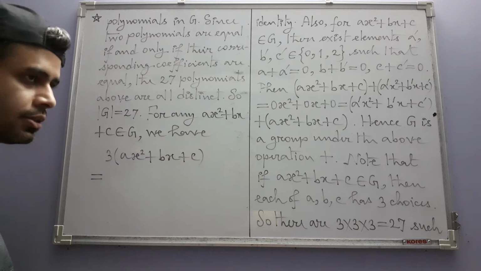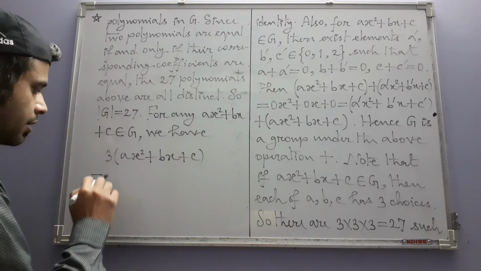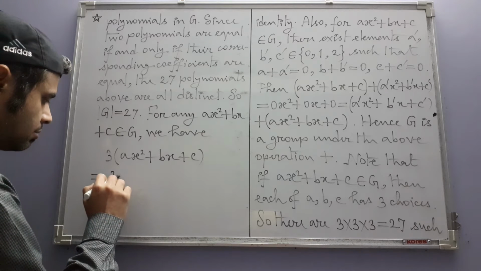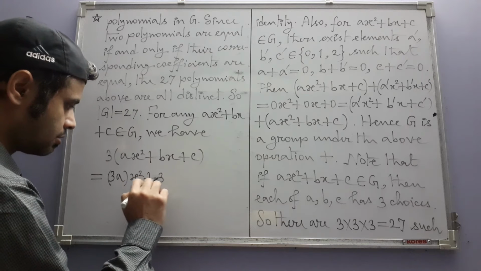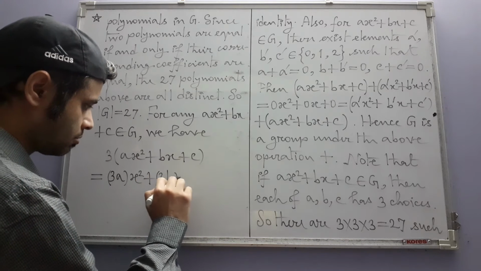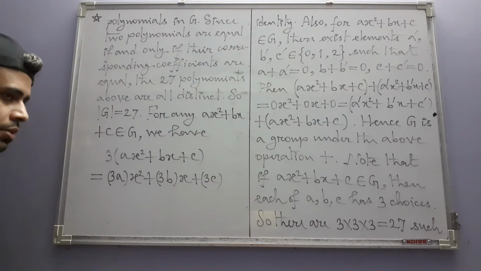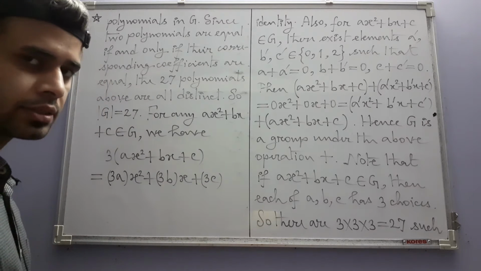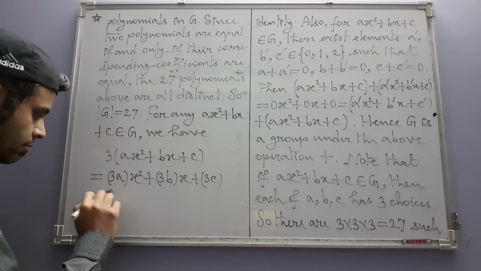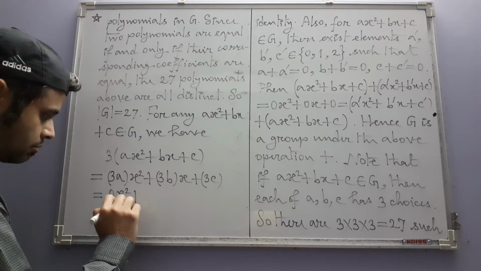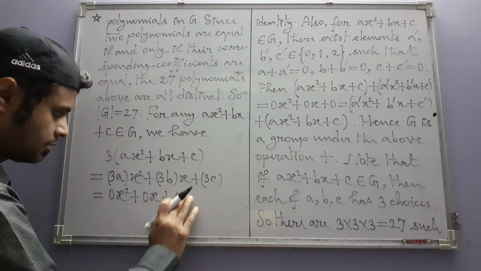So we would be adding 3 such polynomials, so their corresponding coefficients would be added. After everything is done, we will have a polynomial that looks like this. Where this 3a means a plus a plus a, and that plus of course is addition modulo 3, and because of that this is 0, this is also 0, this is also 0.